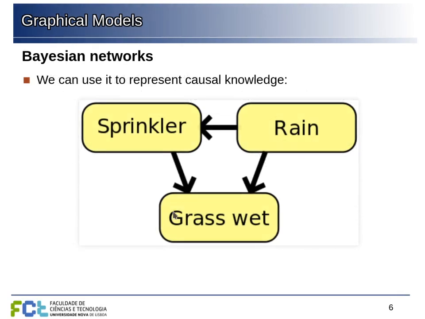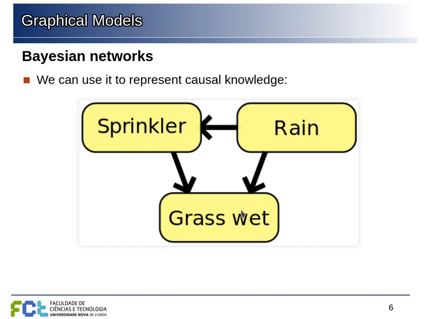For example, we can say that the grass is wet if it rained or if somebody turned on the sprinklers to water the grass. So both of these cause the grass to become wet. However, if it rains, then generally people will not turn on the sprinklers because there is no need for that since the grass is already watered.